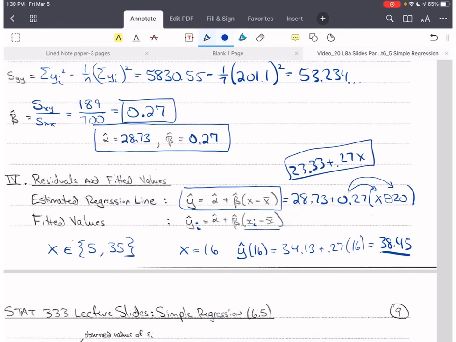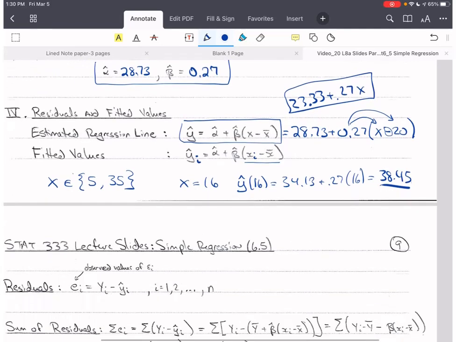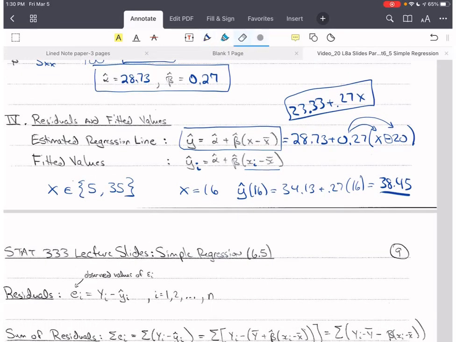All right. And so now I'm going to modify this value here as 23.33 and then obtain a new estimate. So I have 23.33 plus 0.27 times 16 gives me 27.65.